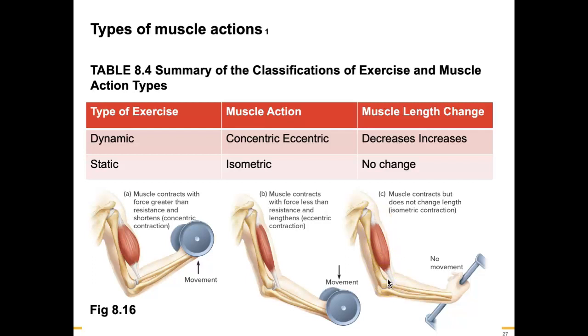If you were to hold a dumbbell or some other type of equipment in one place, let's say holding this dumbbell at a 90-degree angle, that would be isometric contraction. Or I always say, if you are pushing up against a wall, trying to push that wall away, the wall is not going to go anywhere. Your muscle length is not going to change. So that is an isometric type of contraction.